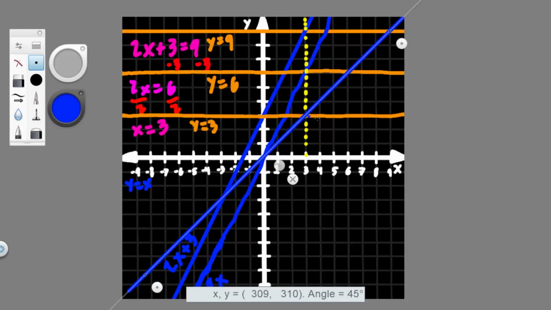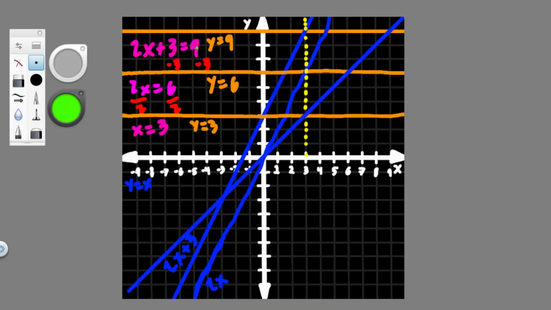And what we see is, once again, let's go to green here. For the very first equation, 2x plus 3 equals 9, here is y equals 9. We graph the right side of the equation, that is y equals 9. Then we graph the left side of the equation, and that is 2x plus 3. That's this line right here.